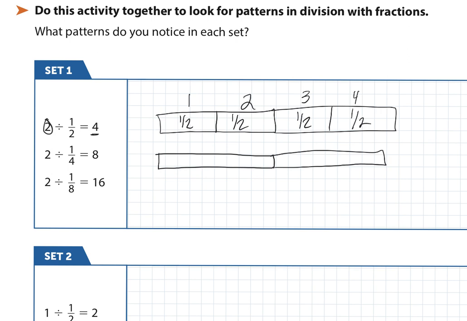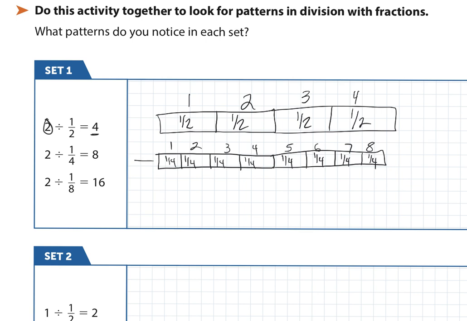And again, the second problem we're going to model, I drew the boxes again. We're going to divide 2 by 1/4. So I'm going to divide the 2 large boxes that I drew originally into fourths, and then we're going to count and see how many there are. 1, 2, 3, 4, 5, 6, 7, 8.